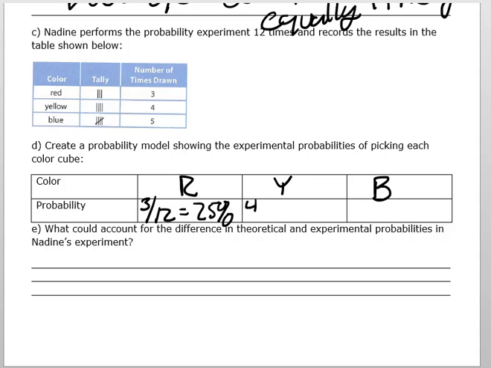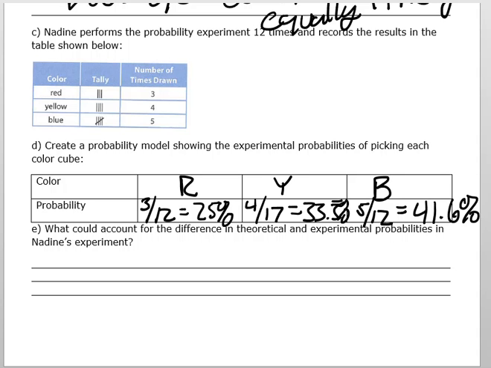Yellow was 4 out of 12, which is 33.3% repeating. And then the blue is 5 out of 12, and that's one percentage I don't know right off the top of my head, so I'm going to have to divide. 5 divided by 12. Bear with me, I bet you'll get there before me. All right, so that's about 41.6%.